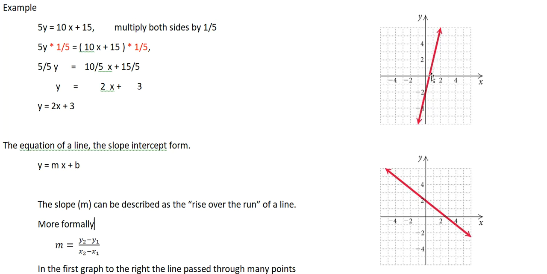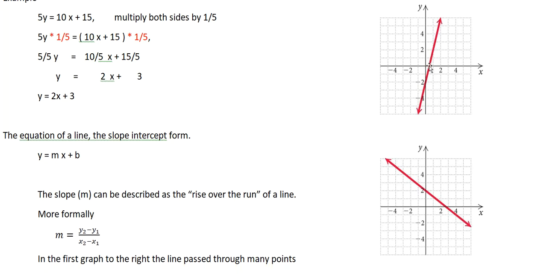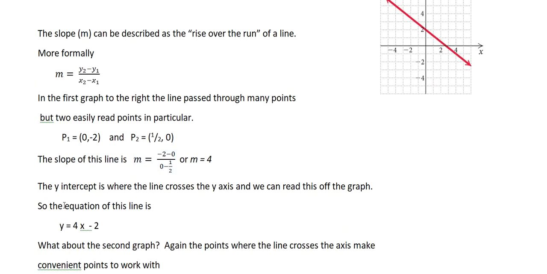If this was an odd point, maybe you would come to some place where the graph actually crosses an intercept, like this is x equals 1, 2. That would be another way of doing it. But if we read off the points where this line crosses the coordinate axes, we'll end up with one point, which is x equals 0 and minus 2, and another point, x equals 1/2 and 0.